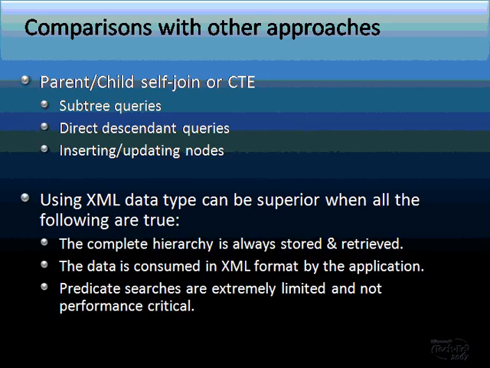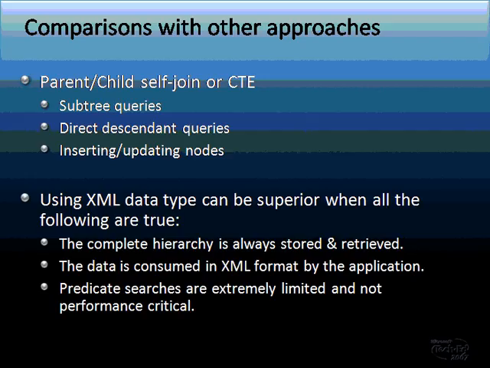And if you do direct descendant queries, for example, if you want to query all the direct reports to this manager, or if you do insert and update node operations on the tree, hierarchical ID is slightly better, but in general they most likely have equivalent performance results.